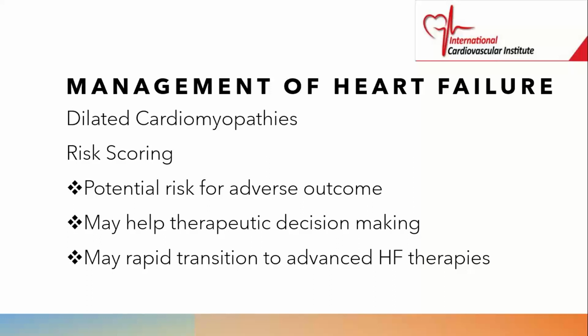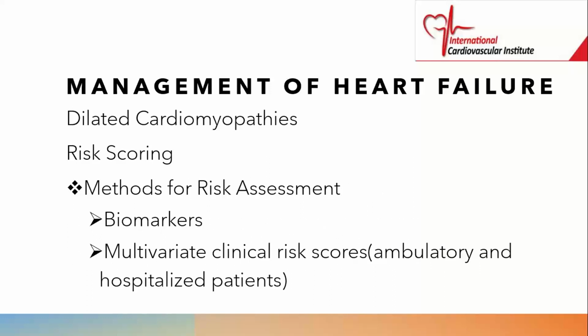And it may also give you information on the rapid transition to advanced heart failure. So what are the methods we use to risk score these patients? Again, remember when we say risk score, we're going to see how sick these patients are and how well they're going to do.